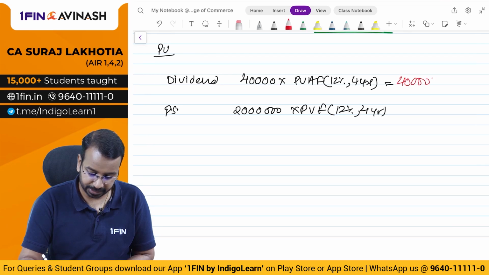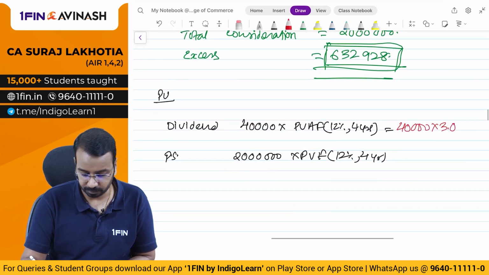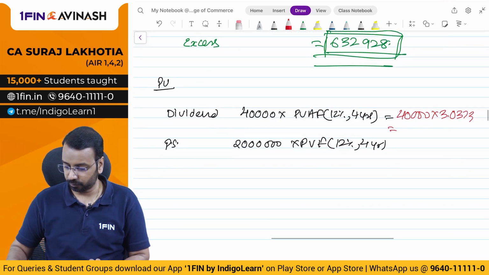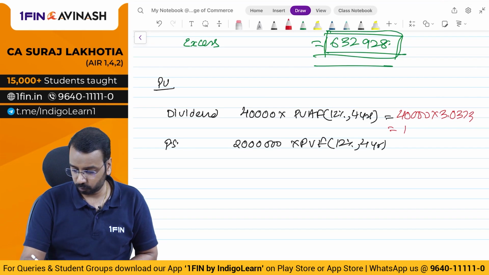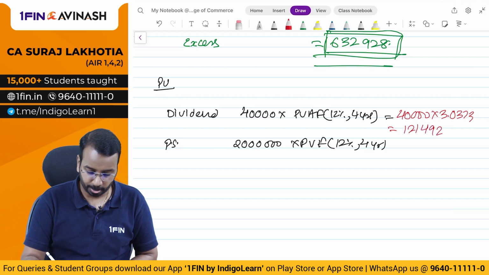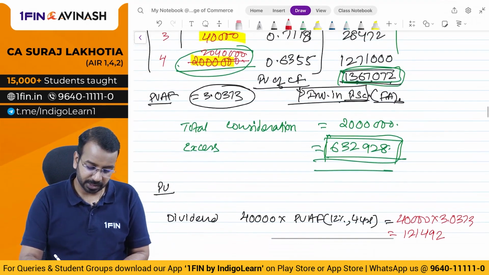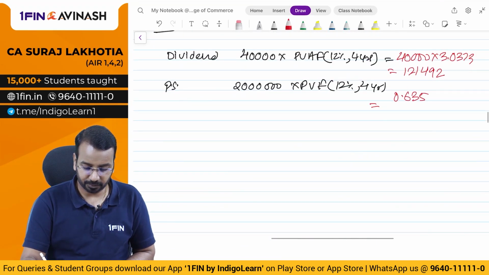So, this will be equal to how much? 40,000 into present value annuity factor 3.0373, that is 121492. And here it is present value factor, single year factor, 0.6355.